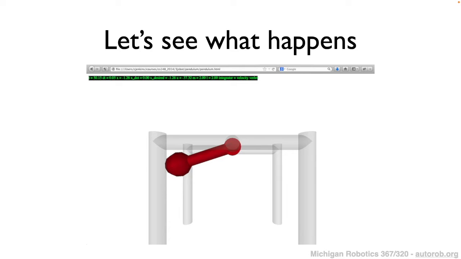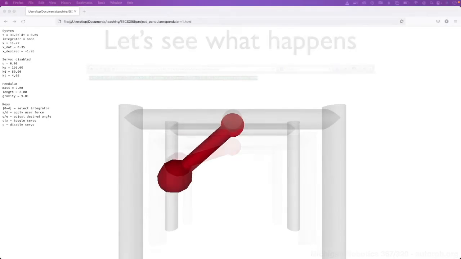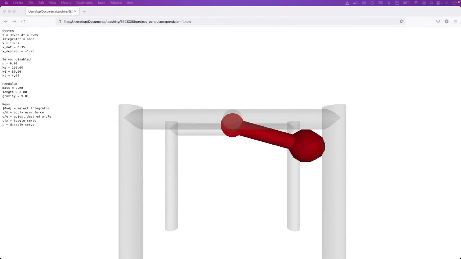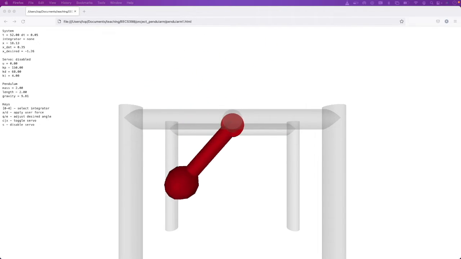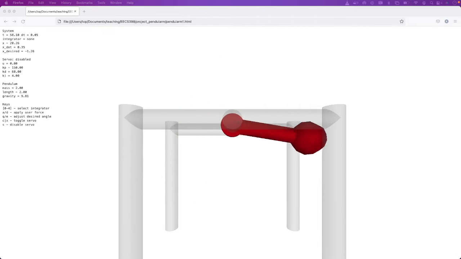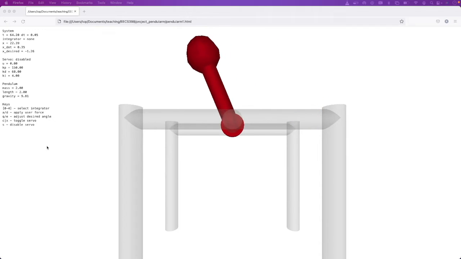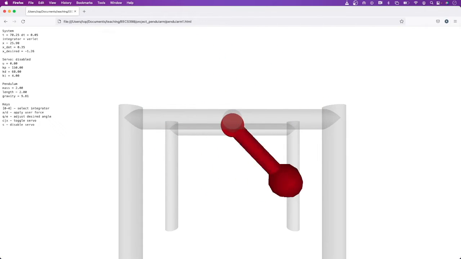All right, so now let's take a look at this integrator actually being implemented. If we come back to our Pendulum implementation, I will start the Verlet integrator right now. And what you'll see here is the pendulum is swinging back and forth.